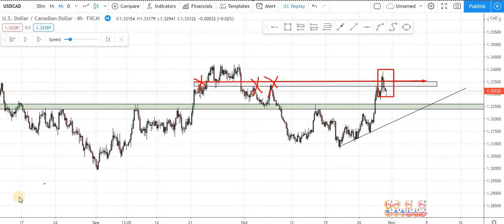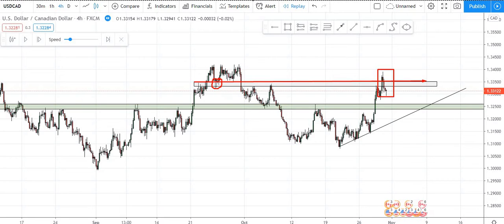So when I saw these rejections here, okay, sorry, my hand is a bit shaky, I could already pick up that this is a resistance. So I drew my zone. Price can never be a single line. It's a whole zone, to have better coverage, because we needed to cover these wicks here as well.